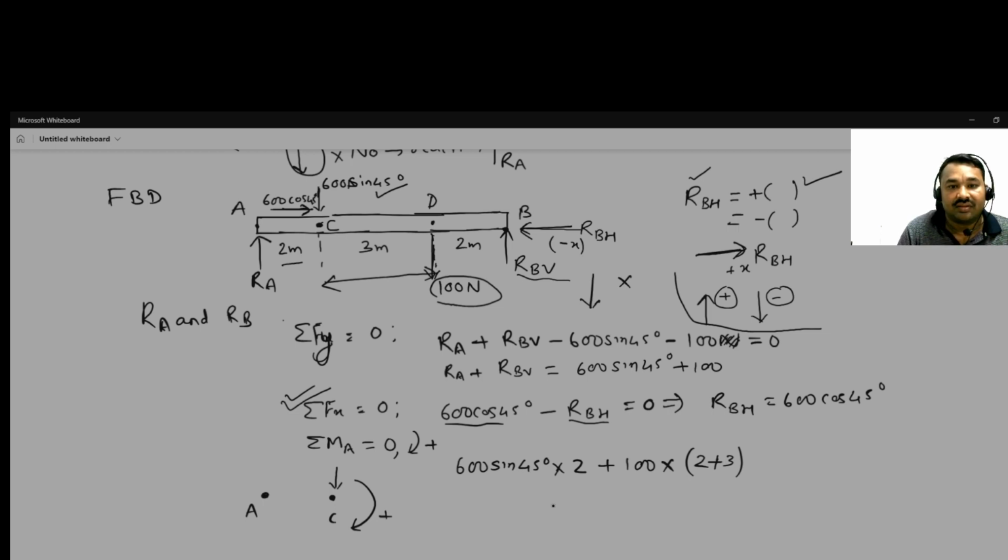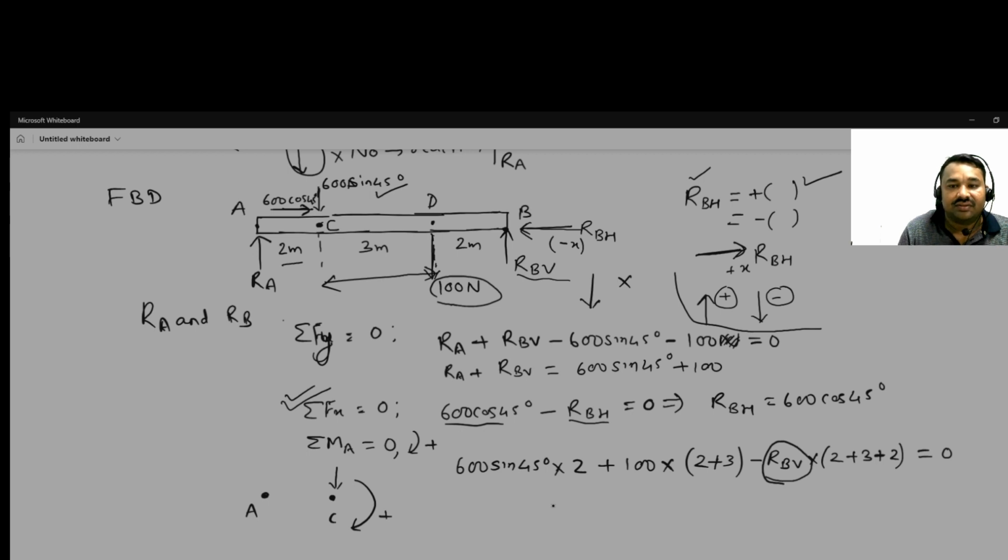Okay, and one more force is there, and that is acting in upward direction, so that will try to rotate the beam anti-clockwise. So RBV multiplied by the total distance of the beam, so it is 2 plus 3 plus 2 and is equal to 0. So from this, after solving, we will get the answer of this.